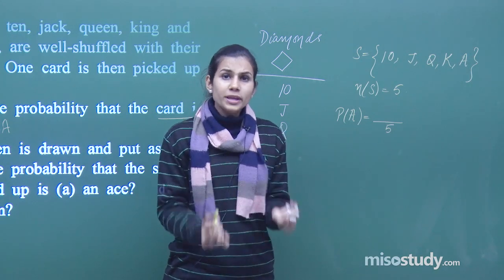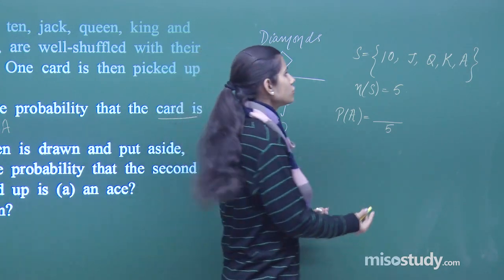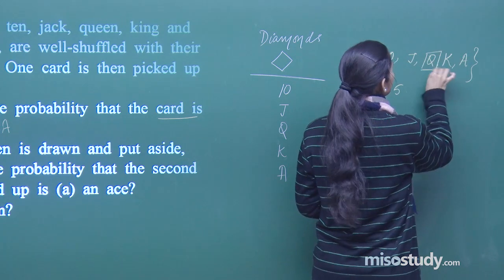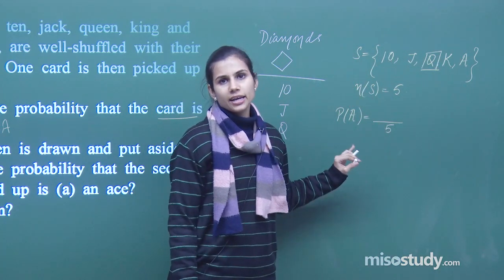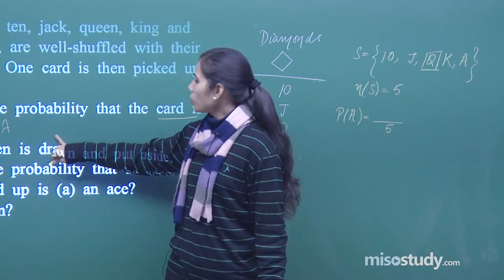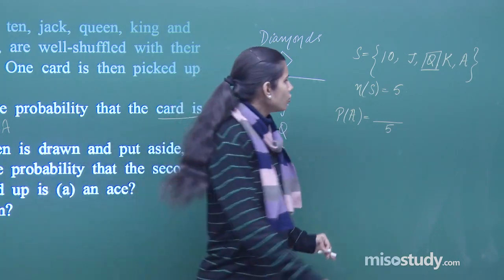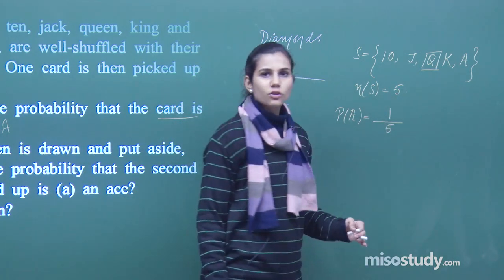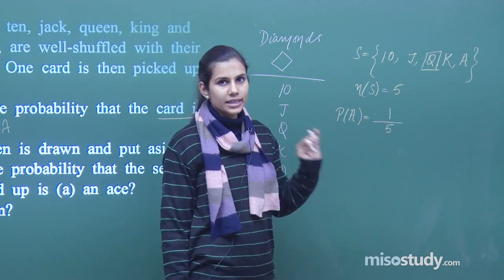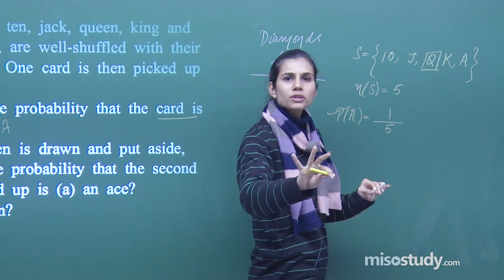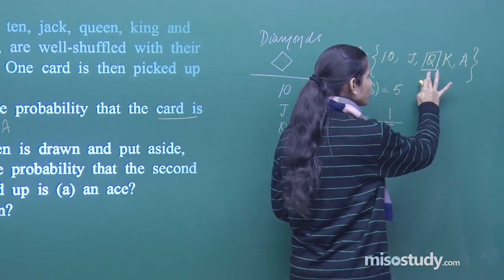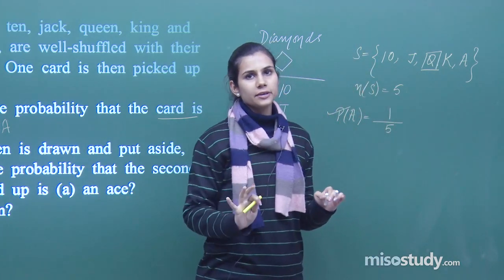Of course, queen of diamonds should occur, right? So out of all of these, if this outcome occurs, then and only then will this event A occur. Queen of diamonds is what the question is asking for. So 1 upon 5 is the required probability of occurrence of event A. Because out of these 5 outcomes, which are my in total possible outcomes, only this outcome is favoring event A.